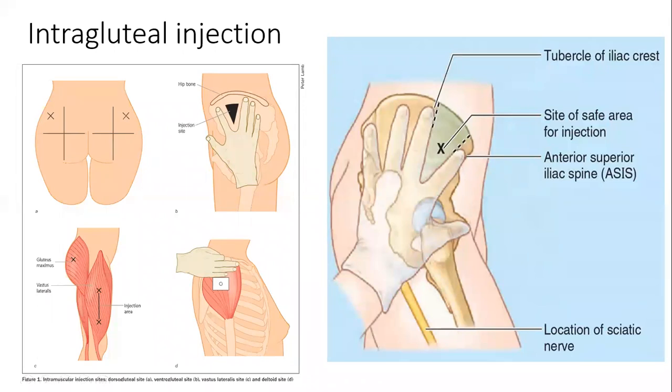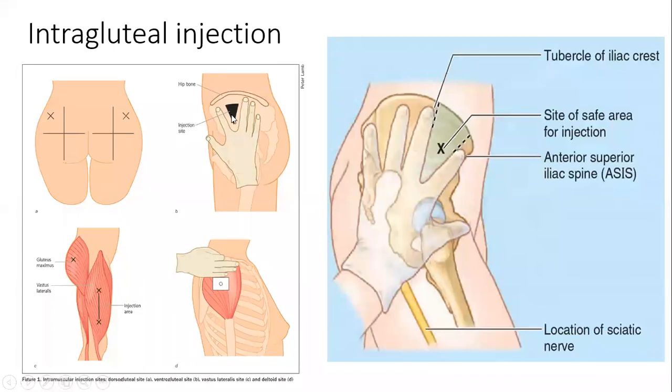So look in this diagram on the left side, there is a comparison of the 2 types of the intramuscular injection. The 2 very famous sites for the intramuscular injections are the gluteal region and the deltoid region. So just compare these 2 diagrams above, right? Here we have the upper outer quadrant in the gluteal region, whereas here we have the lower half of the deltoid muscle.